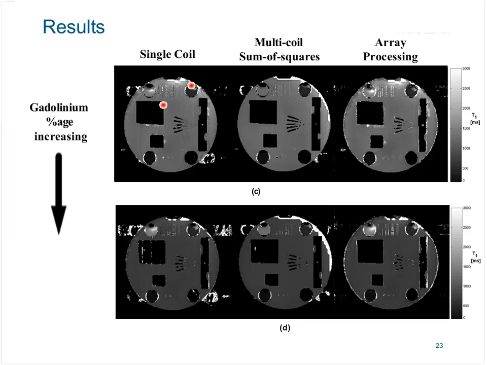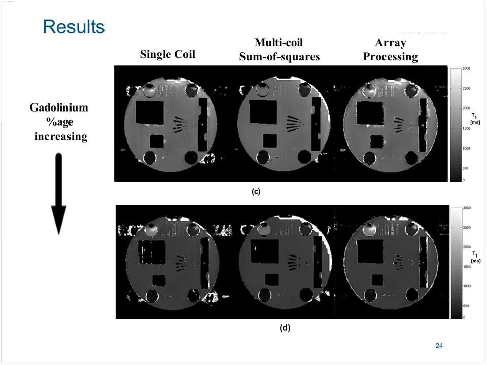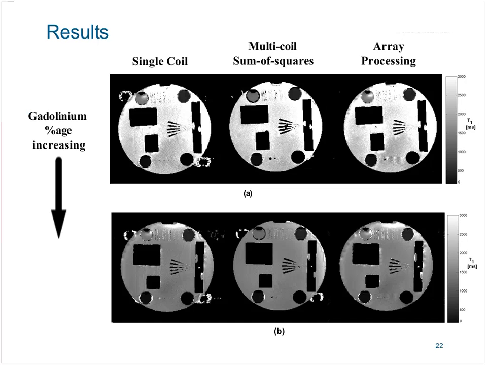There's more chance of observing the n/2 ghost artifact, or field of view divided by 2 ghost artifacts. You can see in this case it is pretty much visible, and the ghost is actually highest in the last case. And if you see, let's go to the first slide again.